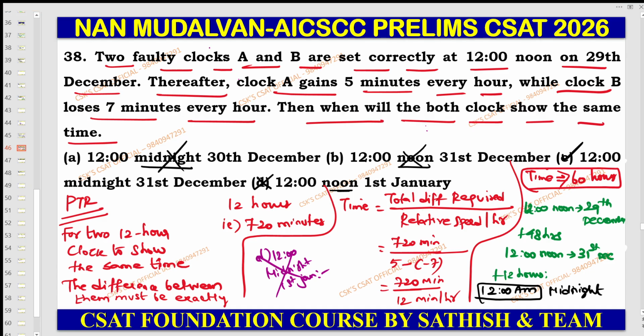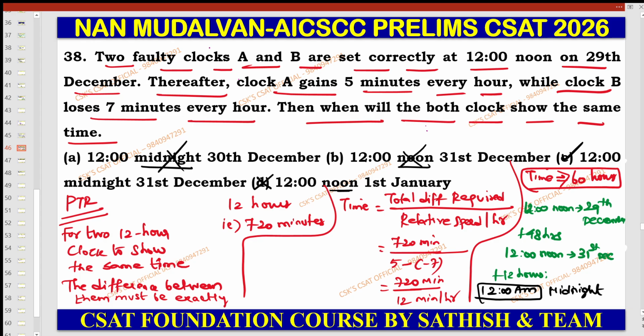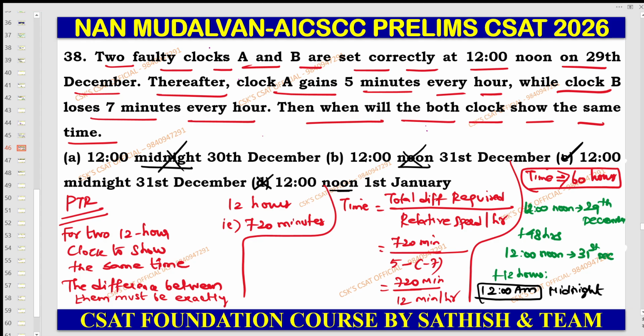Will you pick that option? No. So here the nearest option according to the question paper, C, is your answer. I am eliminating that one because the word noon is there. So therefore, 30th December midnight.